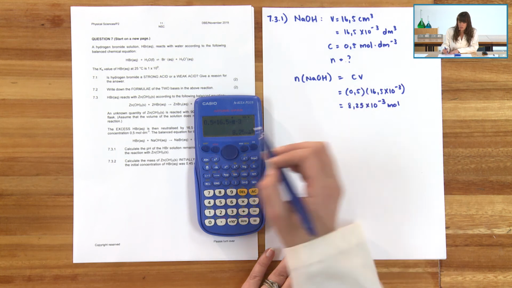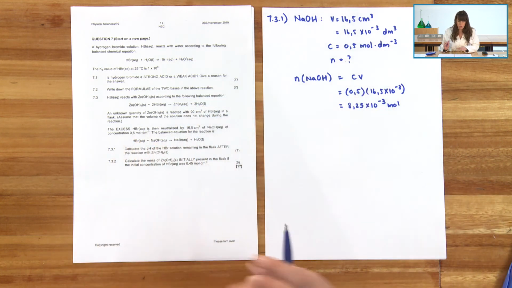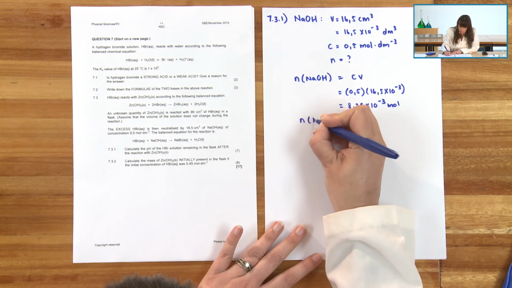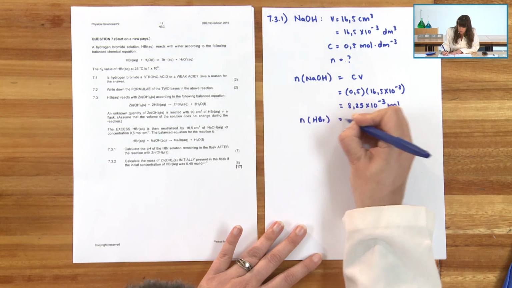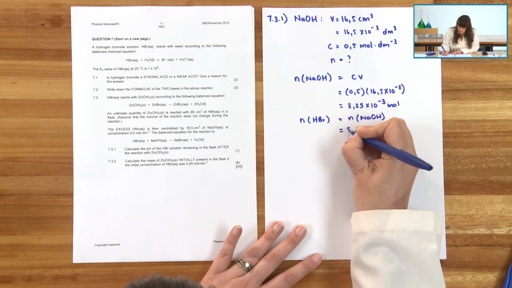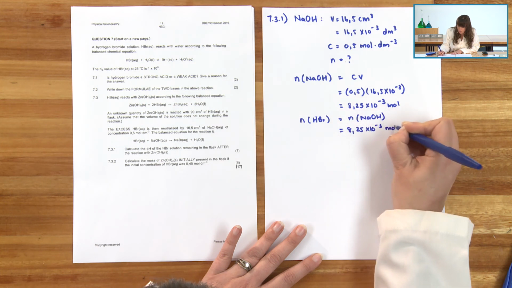So now we have the number of moles of sodium hydroxide. From our balanced equation, we get that it is a 1-to-1 relationship, and therefore the number of moles of HBr will equal the number of moles of NaOH, which is 8,25 times 10 to the negative 3 moles.